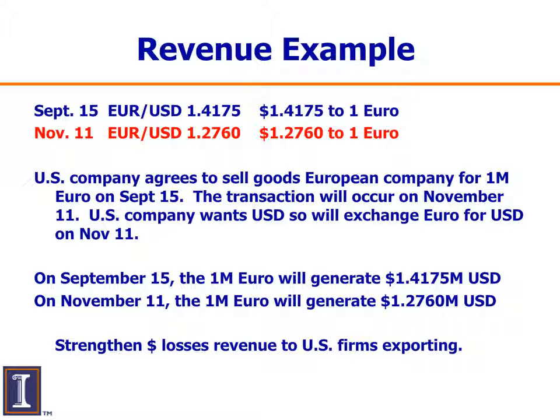And the U.S. company wants the U.S. dollars, so we'll exchange euro for U.S. dollar on November 11th. On September 15th, the 1 million euros would generate 1.4175 million U.S. dollars. On November 11th, the 1 million euro would generate only 1.276 million US dollar. Here, the strengthening of the US dollar loses revenue for the firm exporting.